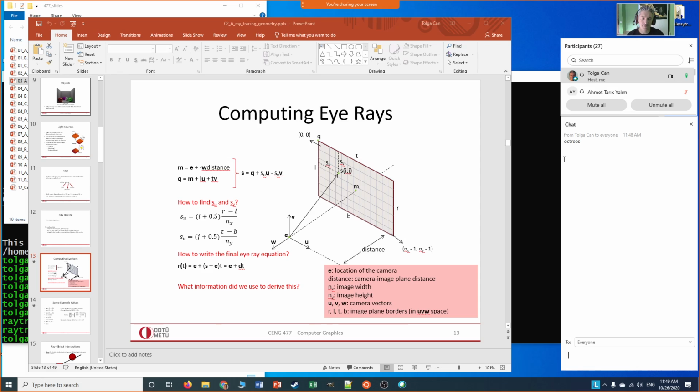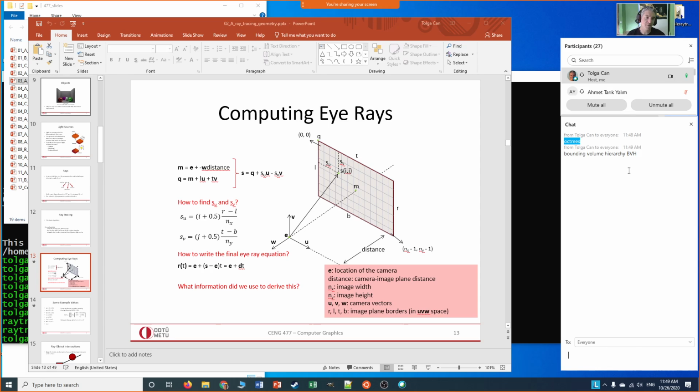And another organizational structure is the bounding volume hierarchy. It's not as regular as an octree. Let me also write that in the chat box. Bounding volume hierarchy, or BVH. Okay, the acronym BVH.